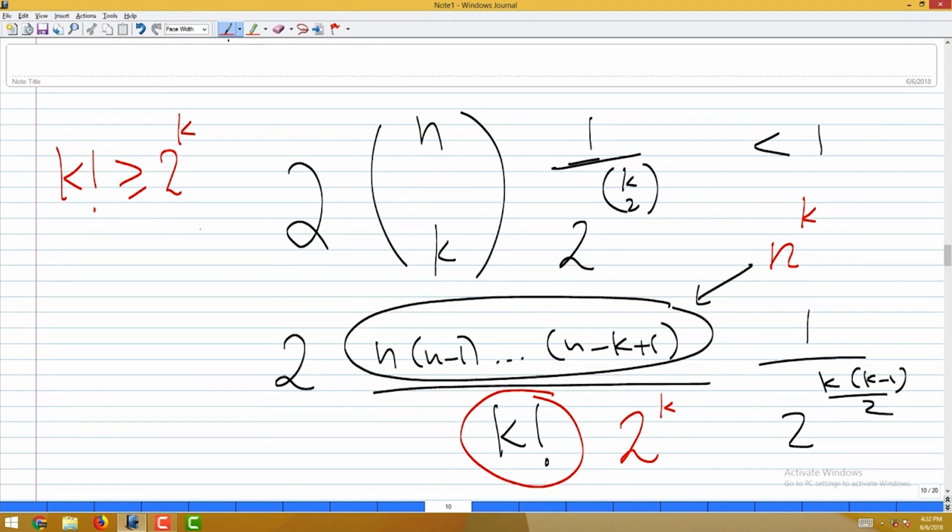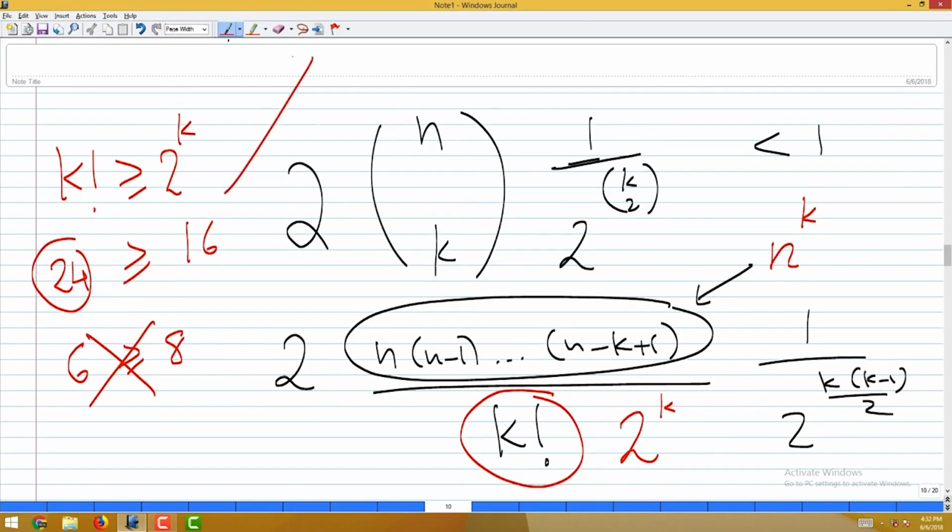This is 16 and this is 24. Earlier it was not, because 3 factorial was 6 greater than or equal to, oh no, this was also correct then, sorry. This is correct. From now on it will be correct, because k factorial will grow faster now. Every time you are multiplying by k, here only multiplying by 2. So from k equal to 4 onwards it is correct.